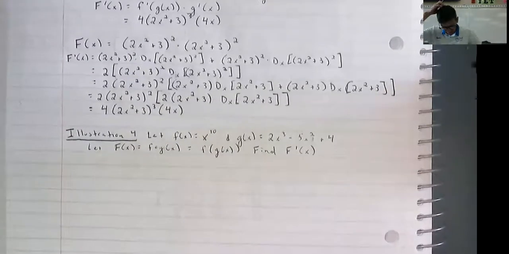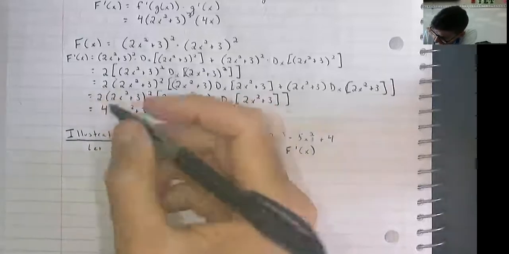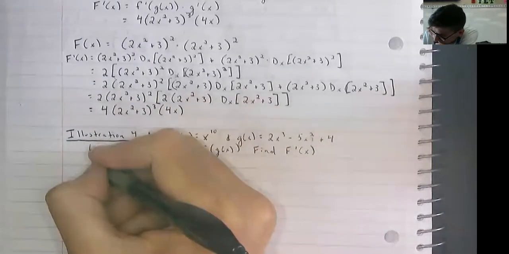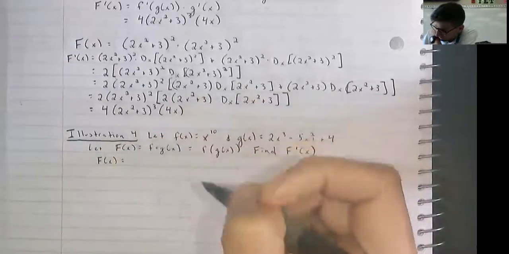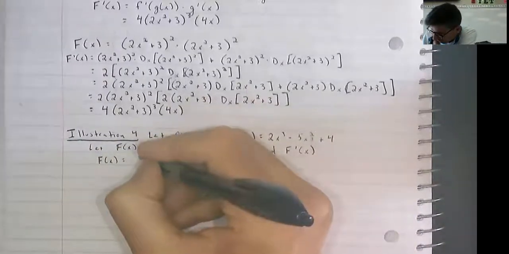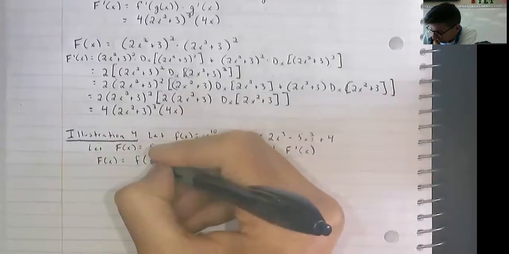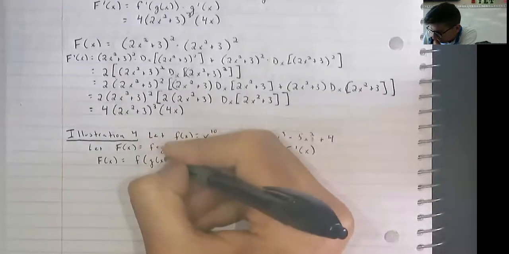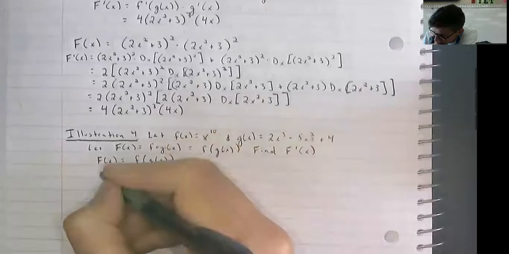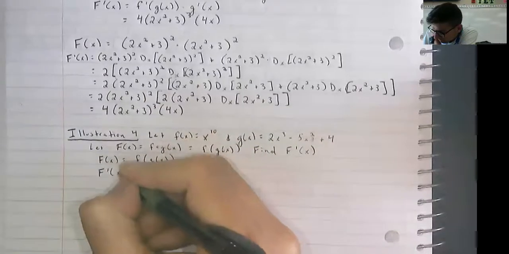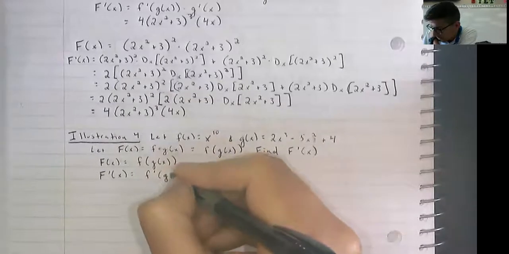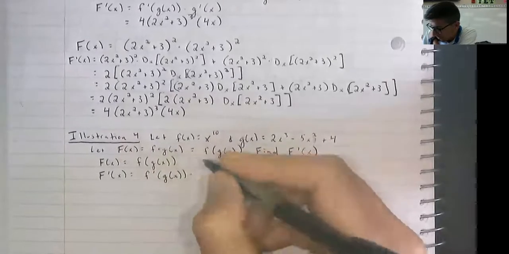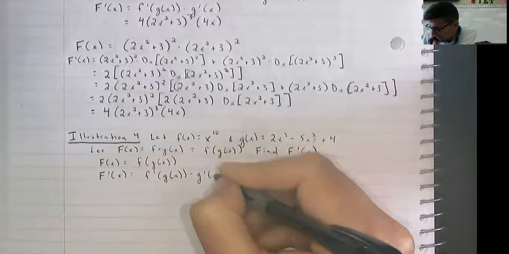Because the chain rule means that if F of x is equal to f of g of x, F prime of x is equal to the derivative of the outer function times the derivative of the inner function.